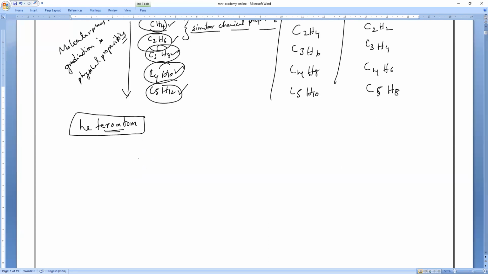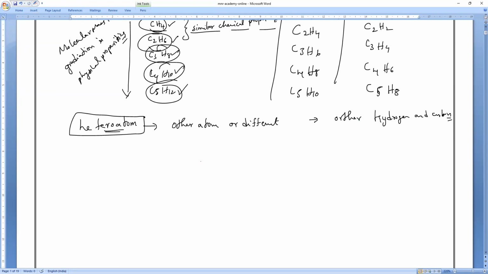So what do we mean by hetero? Hetero means another or a different atom, other than hydrogen and carbon. If some other atom is added, we call it a heteroatom.